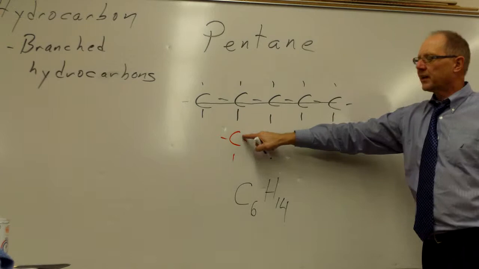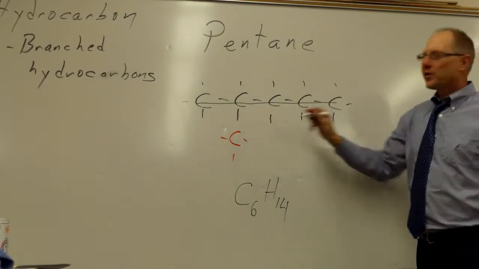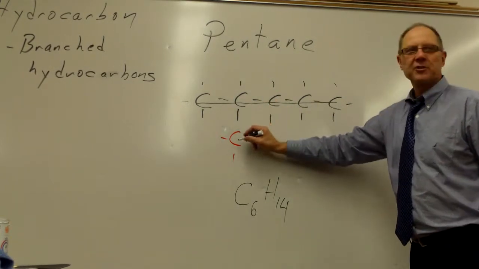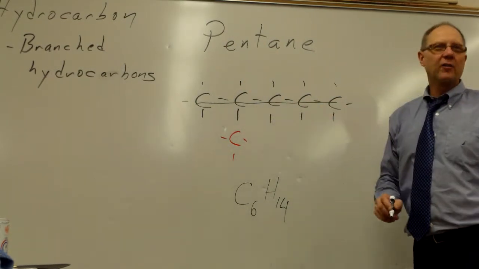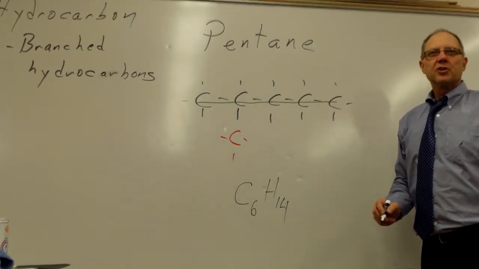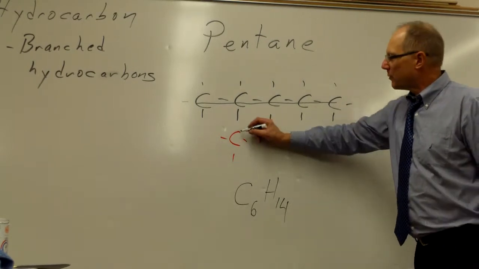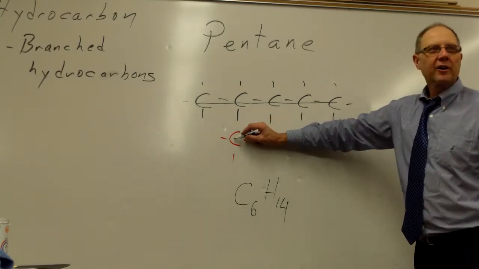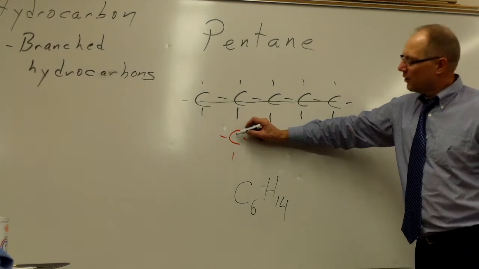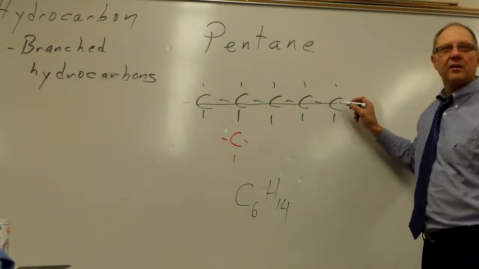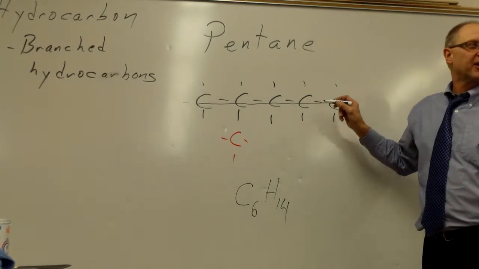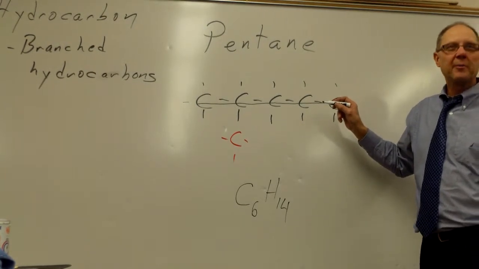But there's no way we can get that one without retracing our steps. And you can't lift up your pen and go over there. There's another way to do this, and that would be this way. I'm not going to draw it here because I don't want to mess it up, but look here. We could go 1, 2, 3, 4, 5. That would also work. It's going to end up being the same thing no matter which way we name it.